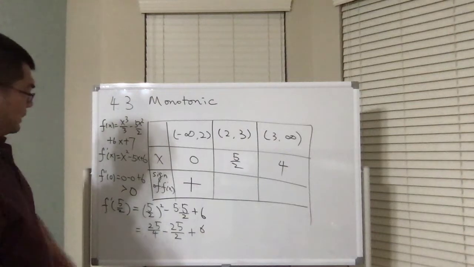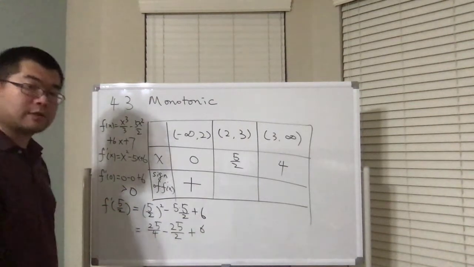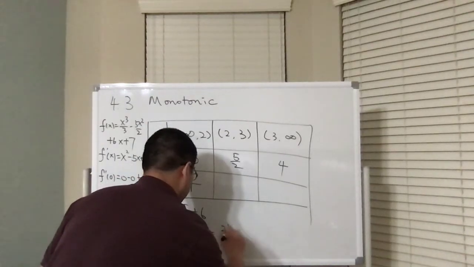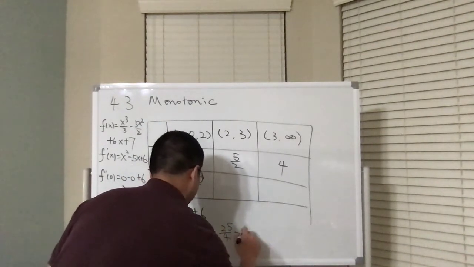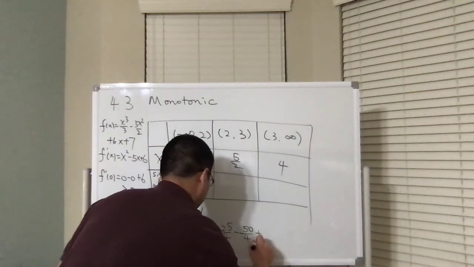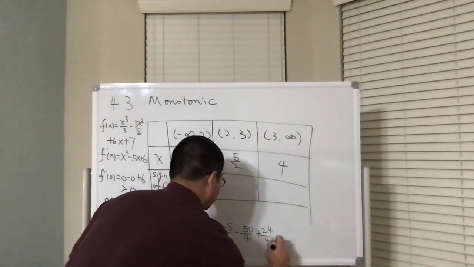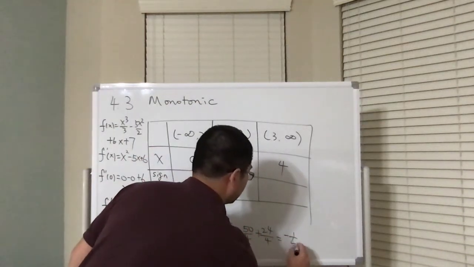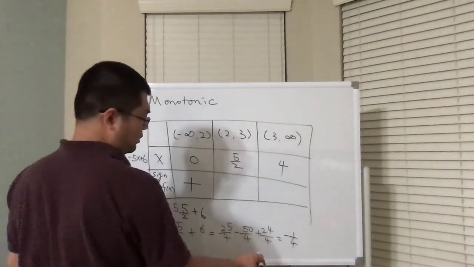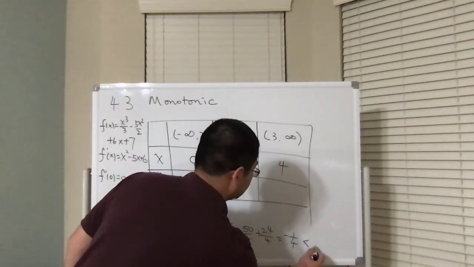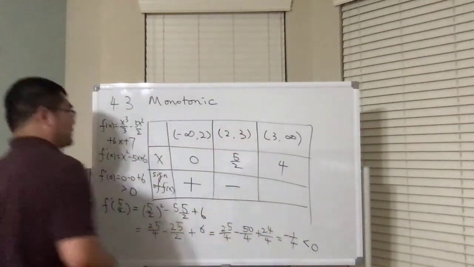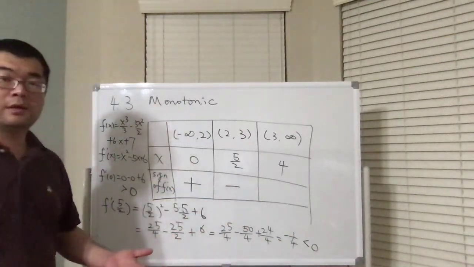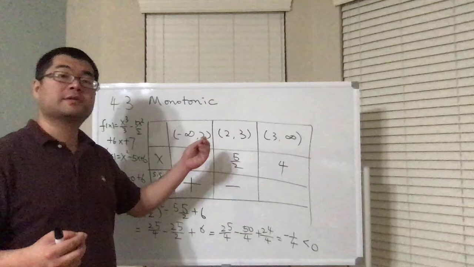You can let all of those have the same denominator 4, very easy to calculate, which is 25 over 4 minus 50 over 4 plus 24 over 4. In the very end, you have negative 1 over 4. So apparently this is less than 0. The sign of the derivative on this interval is negative. Why? Because, again, this number is randomly picked.